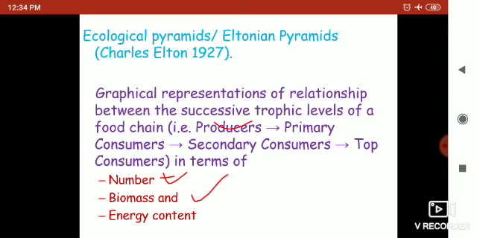And this relationship can be graphically presented either in the form of number of individuals, biomass of individuals, or energy content of individuals at successive trophic levels. This is the definition of ecological pyramids: the graphical representation of the relationship between successive trophic levels of a food chain in terms of number, biomass, or energy.